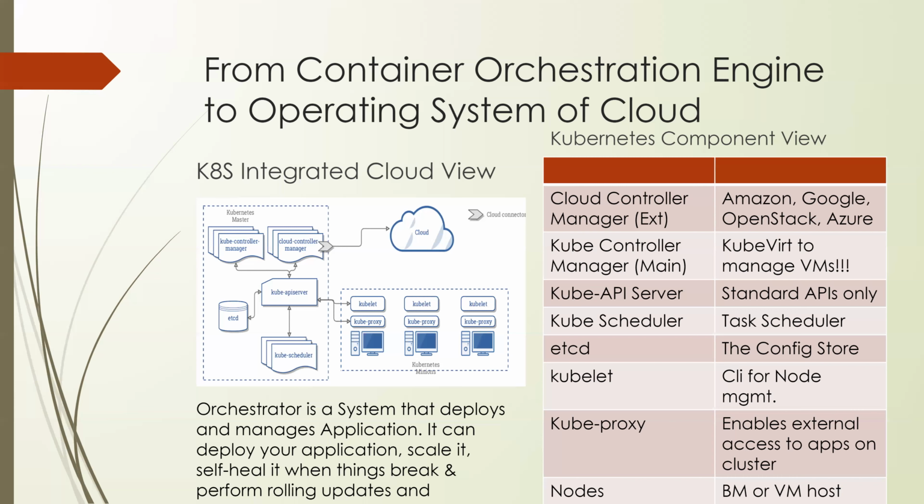This is the head basically. Sometimes this is called master and sometimes head. What it means is it does the decision making, performs scheduling, does the monitoring, implements changes, responds to events, etc. All of this is done by the Kubernetes master.